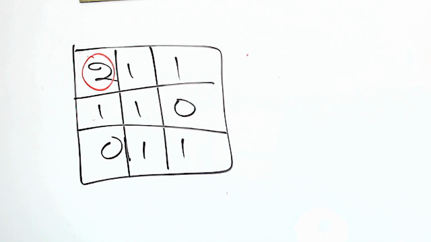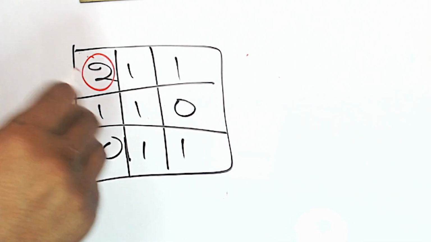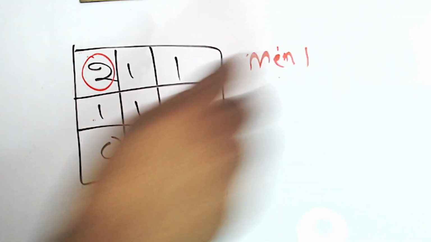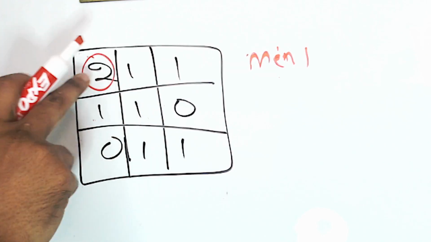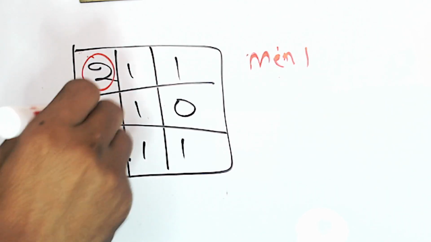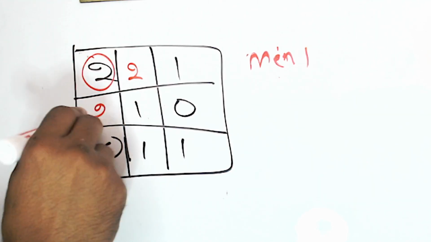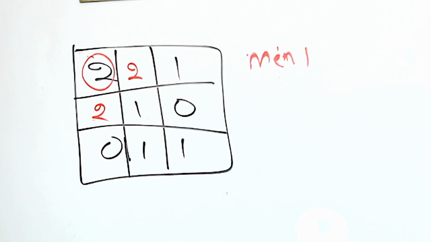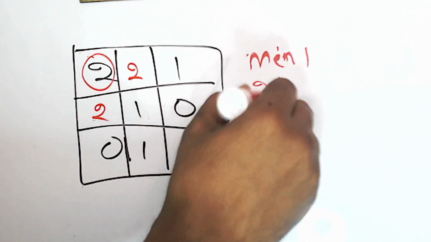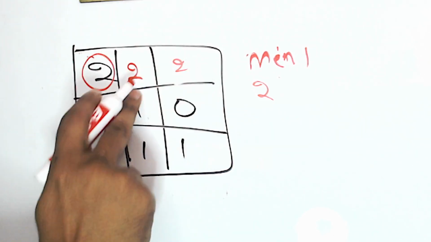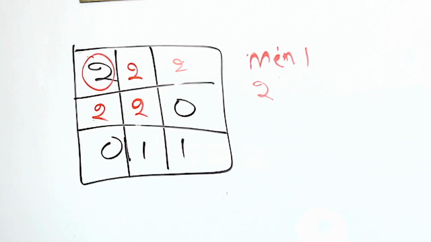So in 1 minute, for example minute 1, any fresh orange that is adjacent to 2 will become rotten. So this will become 2 at minute 1. At minute 2, the oranges adjacent to these 2s, like this one and this one, will become rotten.